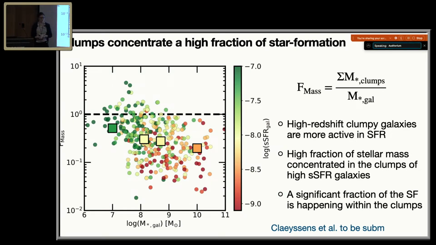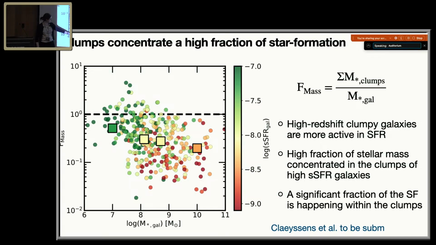Then we also have the properties of the galaxies, so we can try to understand if there is a link between the clump properties and the host galaxy properties. I show only one plot of that here. It's the fraction of mass: the sum of the mass of all the clumps divided by the mass of the galaxy, to understand which fraction of the mass of the galaxy is within the clumps.